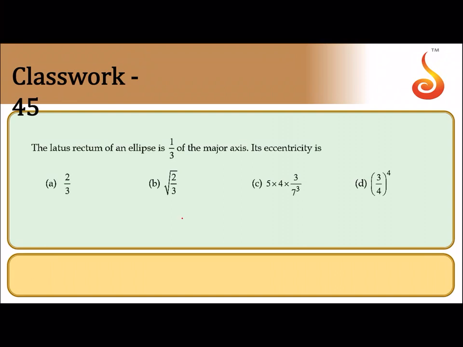The latus rectum of an ellipse is 1 by 3 of the major axis, and we have to find the eccentricity. The latus rectum of an ellipse is 2b square by a, equal to 1/3 of the major axis. The major axis is nothing but 2a. This 2 and 2 will cancel. We get b square is equal to 1 by 3 a square.